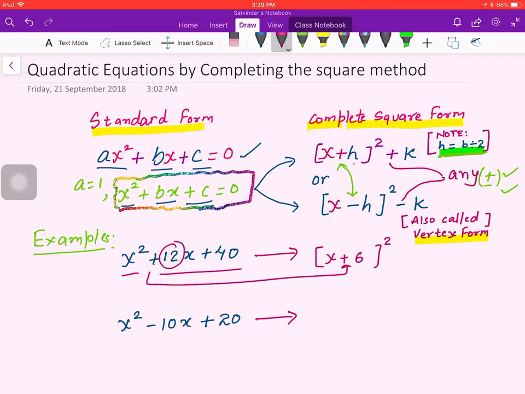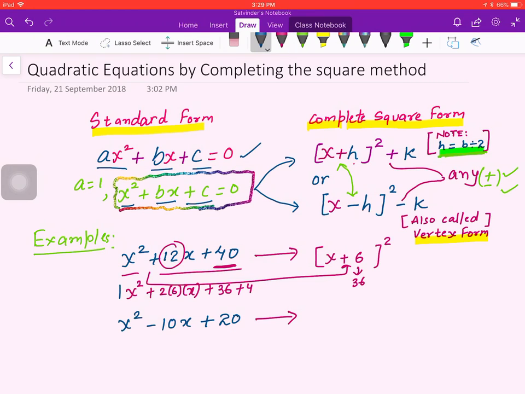If you're writing 6 here, 6 square is 36, so instead of 40 we should have 36. So we will rewrite this equation: x square plus 2 times 6 into x plus 36 plus 4, because 40 is 36 plus 4.